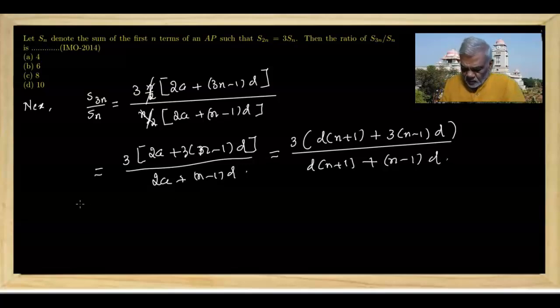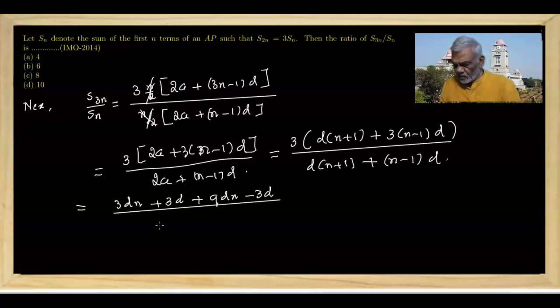This equals what we are going to get: 3dn plus 3d plus 9dn minus 3d. After simplification, this is the numerator.